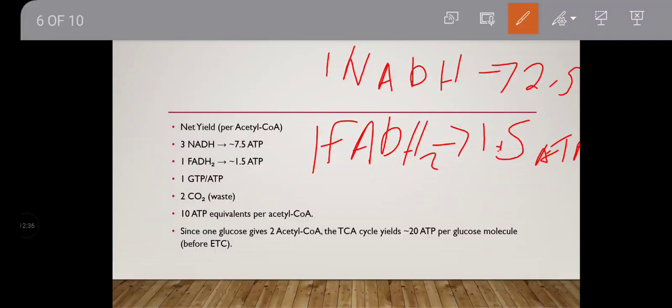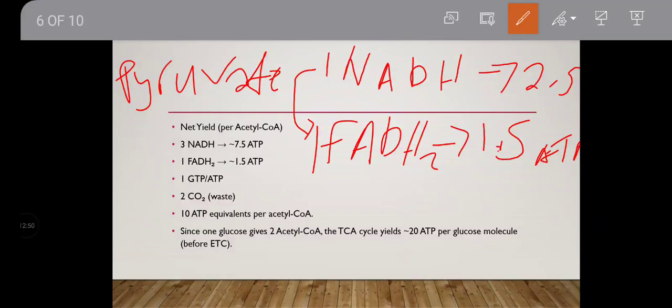So since we have 3 NADH, remember this is from what? 1 pyruvate molecule that is giving us these things. So 1 pyruvate will give us 3 NADH molecules and 1 FADH2 molecule.